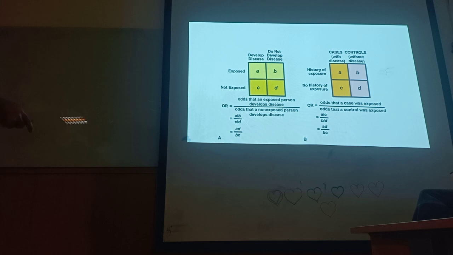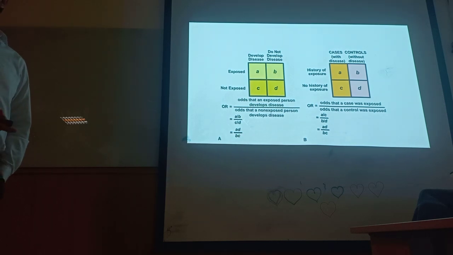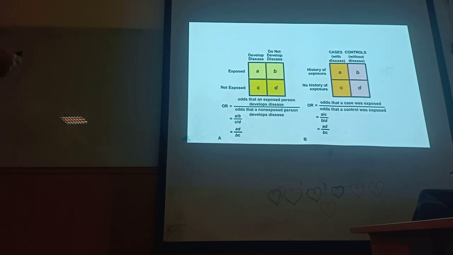B over D. And again, the formula is A multiplied by D divided by B multiplied by C. So the formula is the same for both case control and cohort studies. The way we calculate odds is different, but the formula is the same.